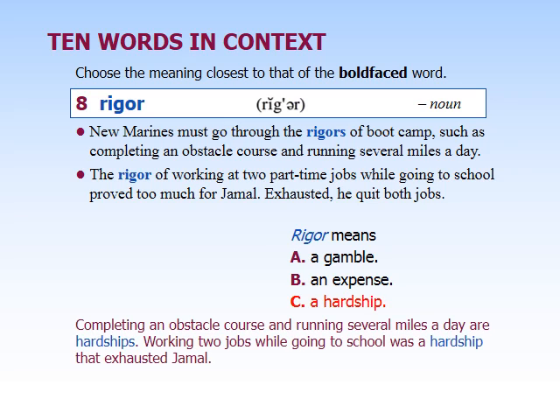So what is rigor? When we talk about rigor, we mean the hardship of some specific thing. So in the first example, it's the rigors of boot camp. Boot camp is in the military. Before you're actually in the military officially, you go through a very, very difficult and hard training period.